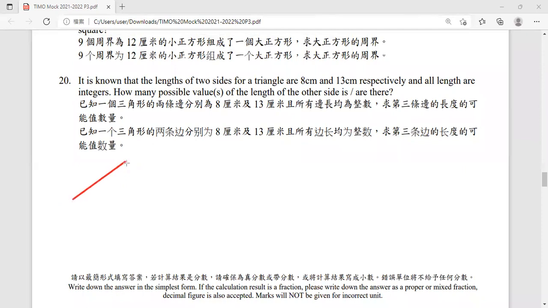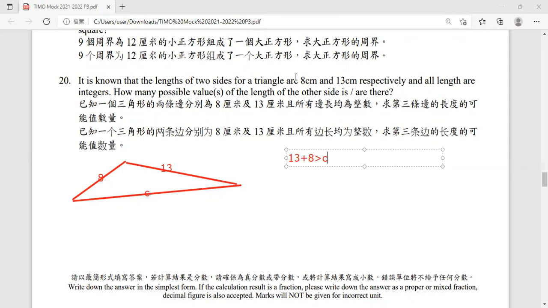This is 13, this is 8, and I say this is C. Please remember that every two sides of a triangle added must be longer than the third side. So we have 13 plus 8 is greater than C.